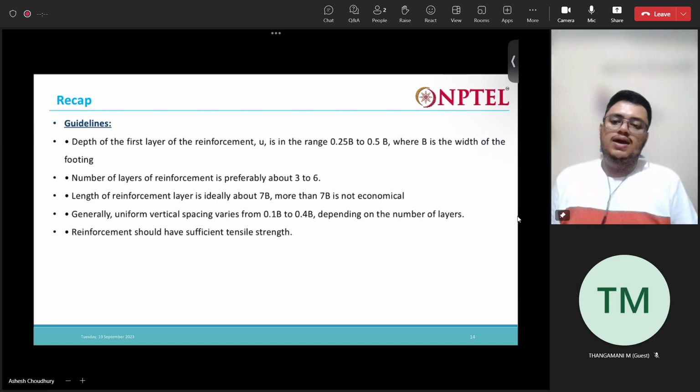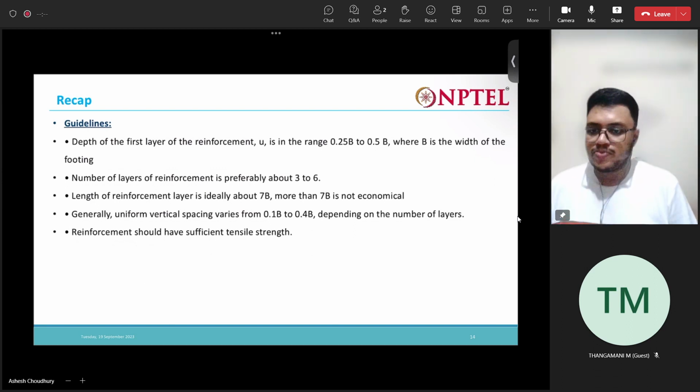The number of layers of reinforcement is generally kept between 3 to 6, and the length of the reinforcement layer is ideally 7b, but more than 7b is generally not economic. It's ideally about 7 times the width.